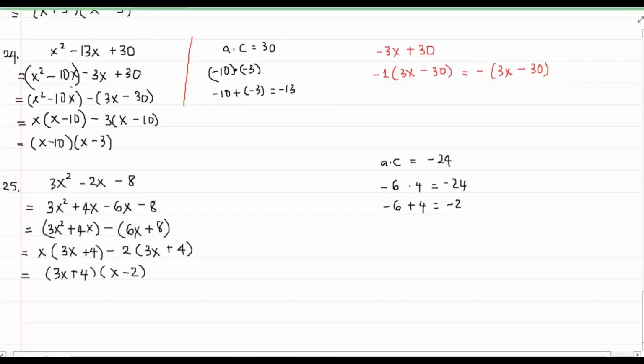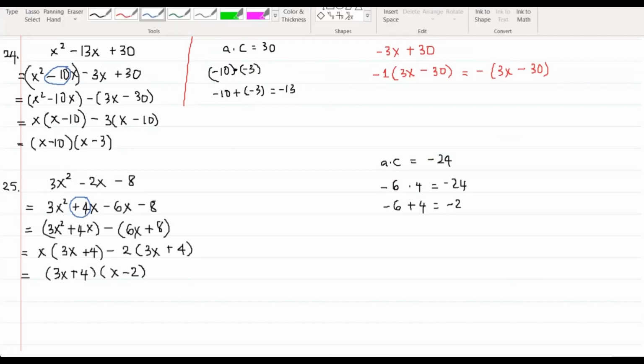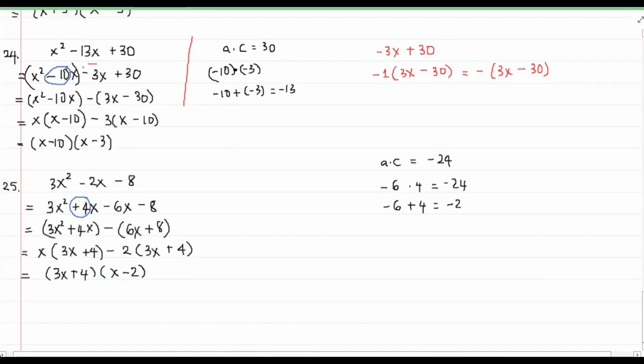So you can see in this case, my blue number is negative 10. In this case, my blue number is 4. The red number is negative 3, negative 6.